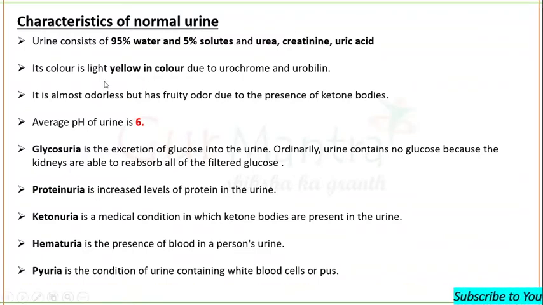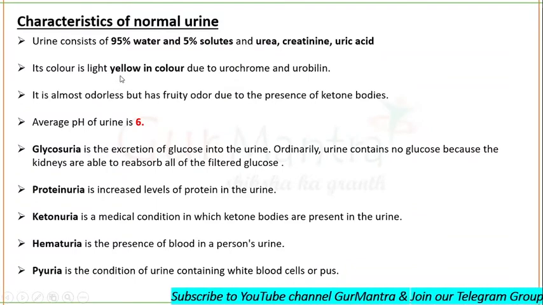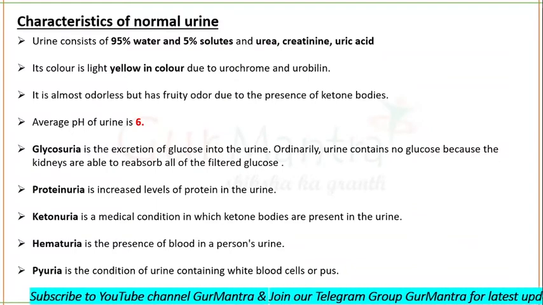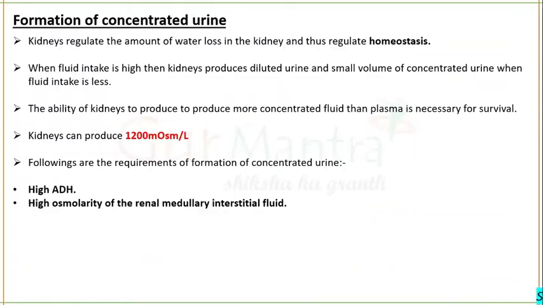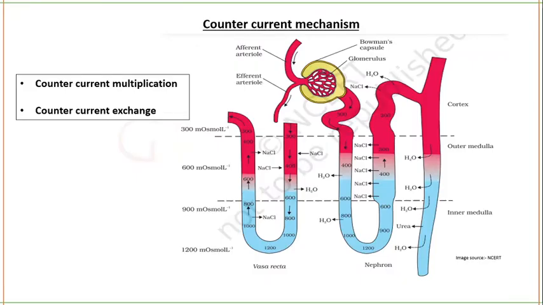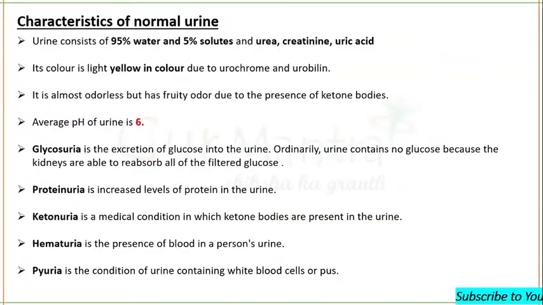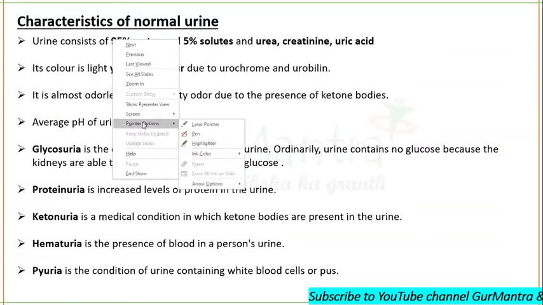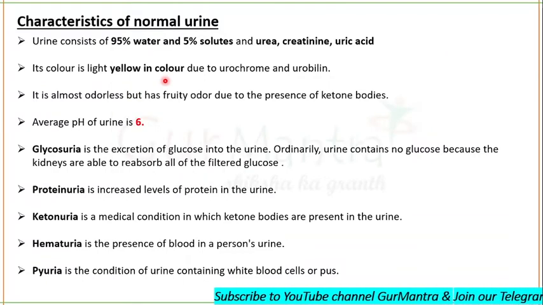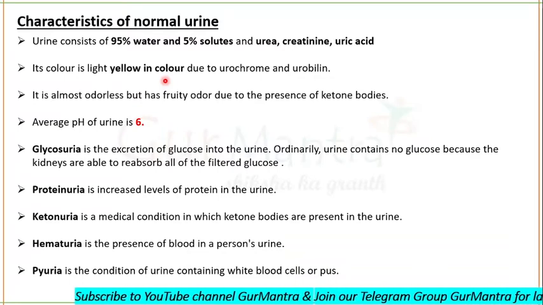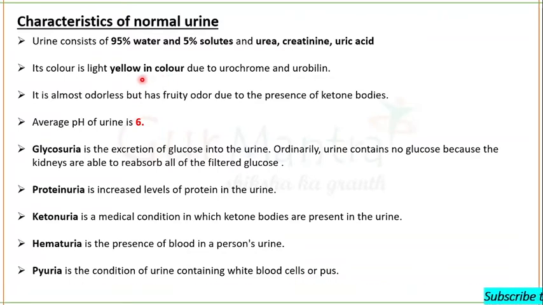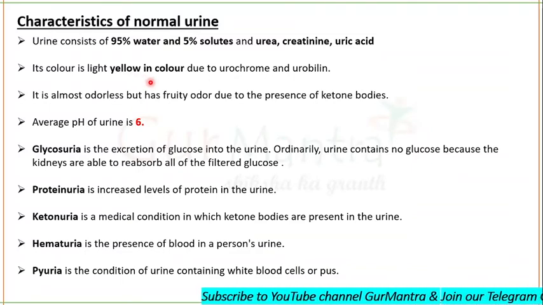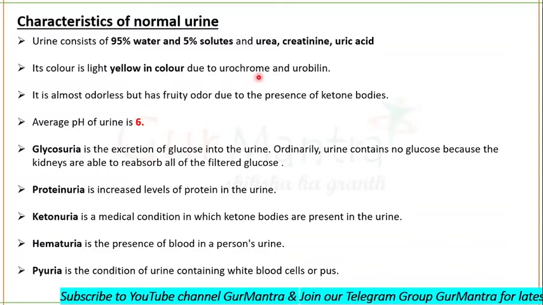So, what is the color of urine? It is light yellow, sometimes you say pale yellow. And what is the reason for this pale yellow color? It is yellow due to the presence of urochrome and urobilin.